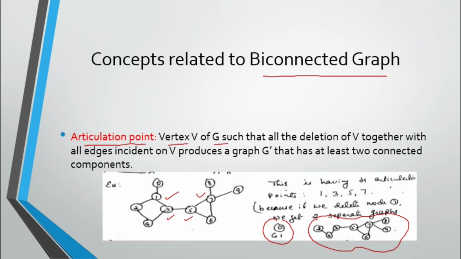Similarly, if you take 3 and all the edges incident on it, what happens? It will break into two pieces. When you remove 3, one piece is 0, 1, then it will come to 2, and it will come to 4.